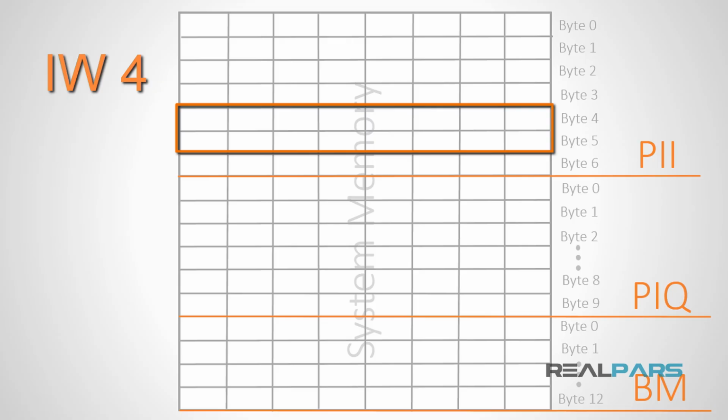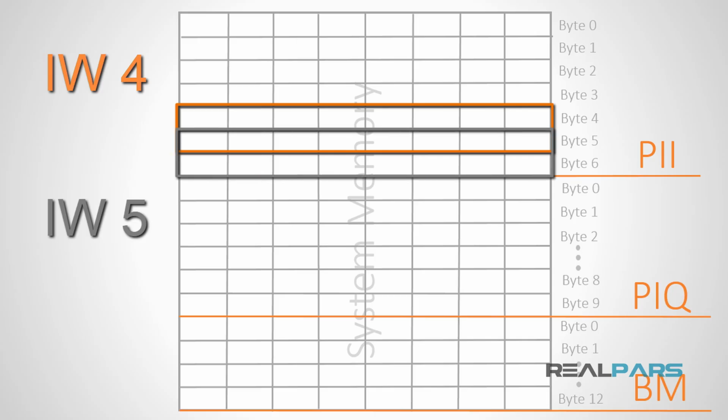Now, if we use the IW5 address in any other section of the program, we have used bytes number 5 and 6 in PII as well. Therefore, in this case, we have used byte number 5 for 2 different addresses. In other words, the IW4 and IW5 addresses are overlapping at byte number 5, and this results in an error in programming. What should we do in order to prevent the address overlap?